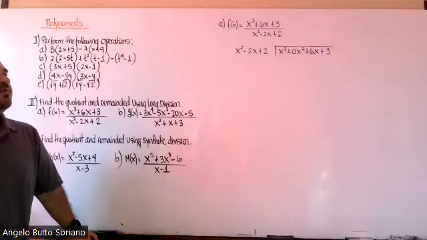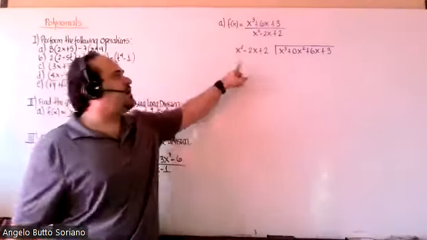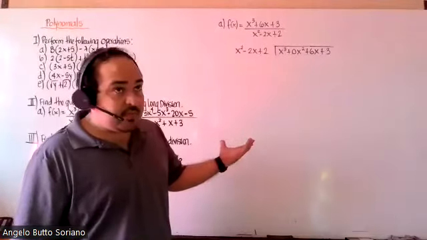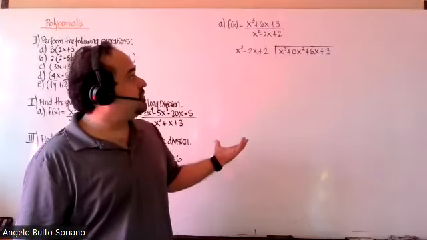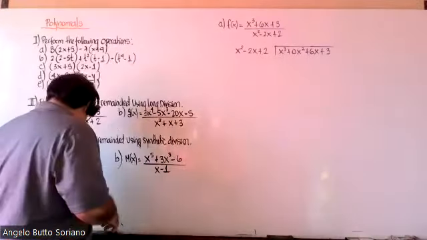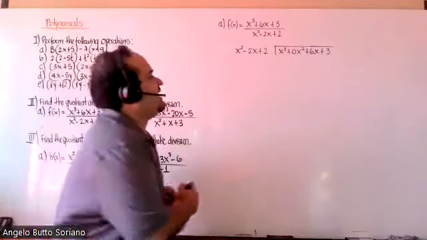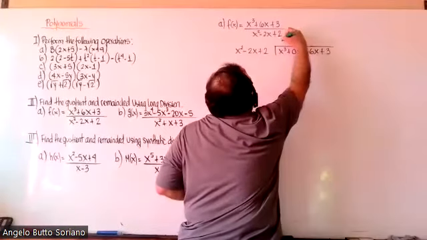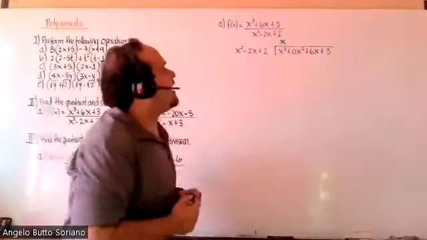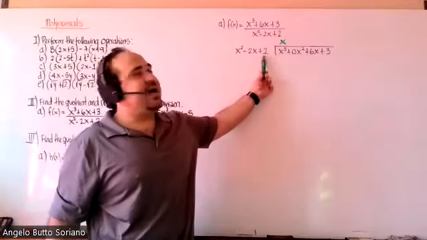With which variable must we multiply x squared to reach x cubed? Anyone? ¿Alguien que me diga? X, obviously, right? So I'm going to copy the letter x over here. And this letter x will be multiplying the entire divisor.